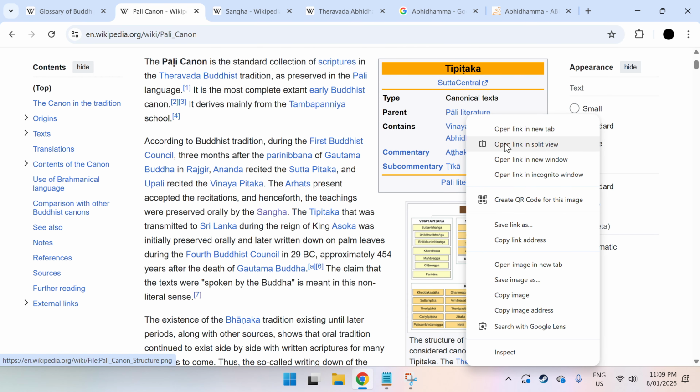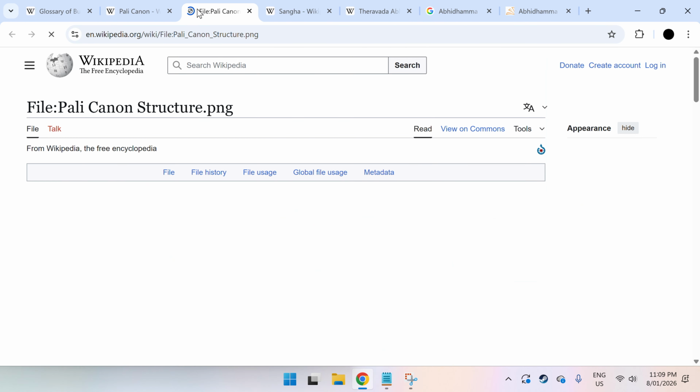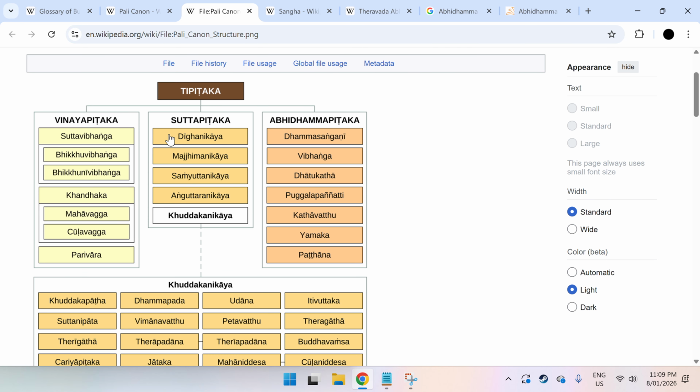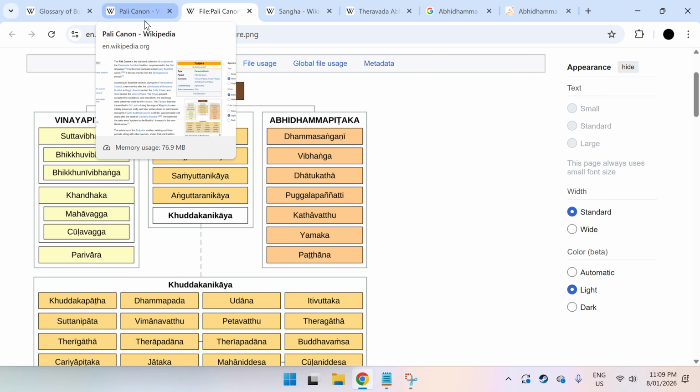So you've got this list again, just to illustrate 3 baskets. 1, to do with the teachings of the Sangha. 2, to do with the discourses and maybe some of the literature. I think there was poetry in there as well. That was the second basket. And the third was this amazing, complex theory of the universe and reality that the Buddha offered.